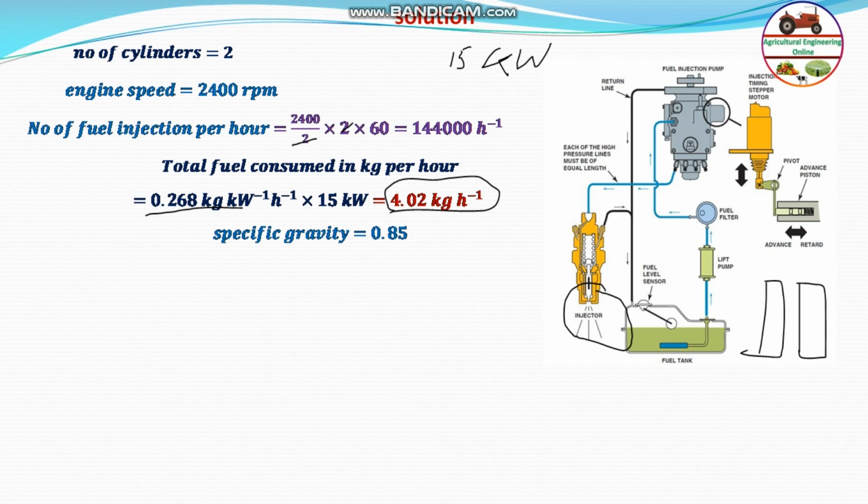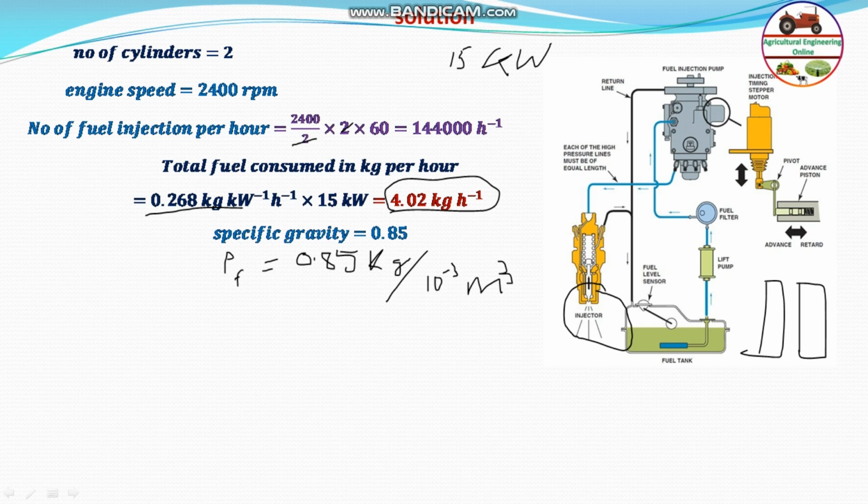The specific gravity is compared to water, so the density of the fuel will be 0.85 kg per liter, that means 0.85 kg per 10 to the power minus 3 meter cube, because 1 liter is 10 to the minus 3 cubic meter.